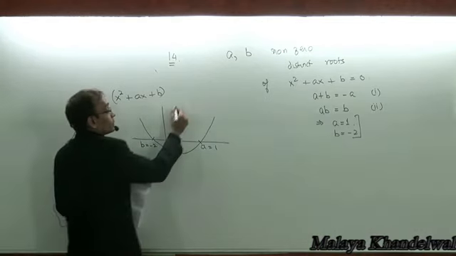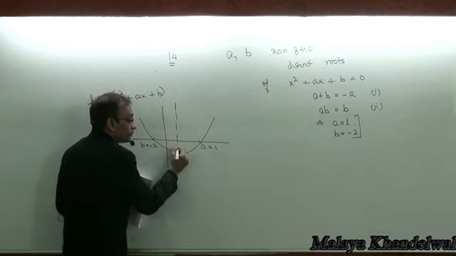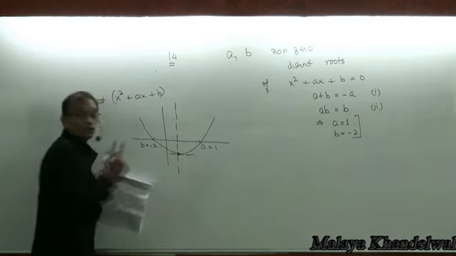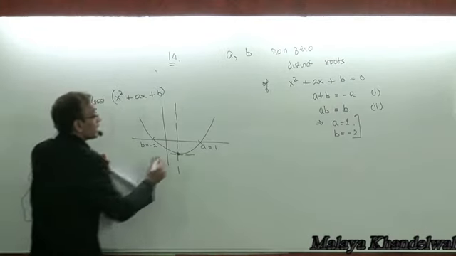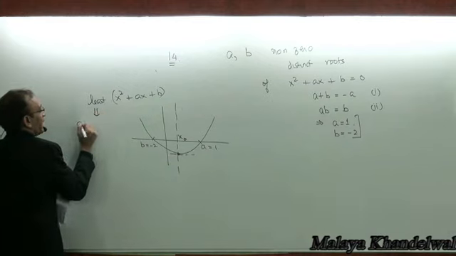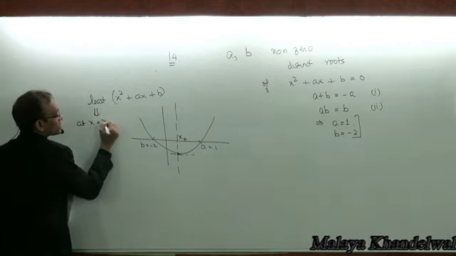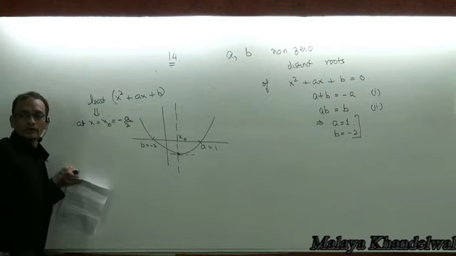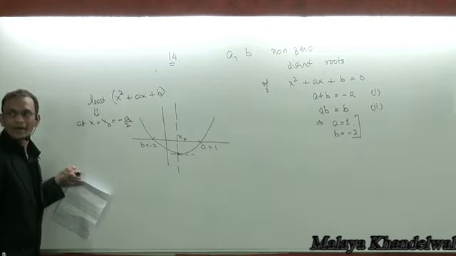And it assumes a least value on the central line, on the axis of symmetry. That means at x equal to minus b by 2a, right? At a point x naught, it assumes its least value, which is minus b, in this case, divided by 2a.